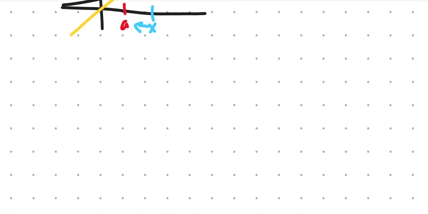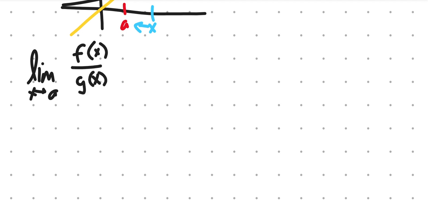So let's prove this. The limit as x approaches a of f of x divided by g of x. Now, since we have the information we had in the beginning that f of a and g of a are both 0, we can subtract and add 0 to it and substitute f of a and g of a.